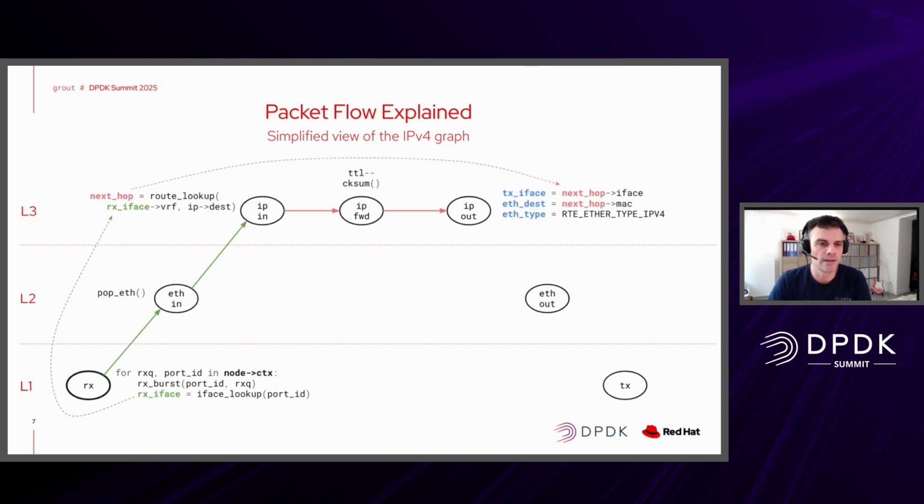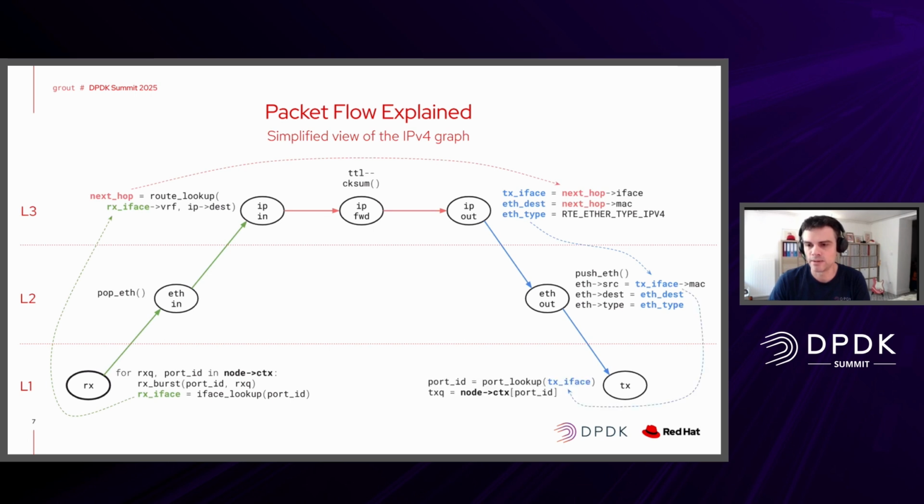Then based on the next hop we got in the route lookup, we can determine where we need to send the packet. At that point, we can push a new Ethernet header with the correct destination and source. We can push back the IPv4 EtherType and then transmit the packet on the correct port.